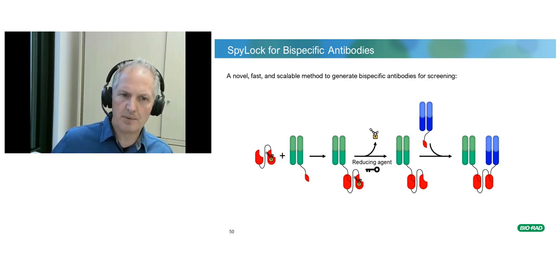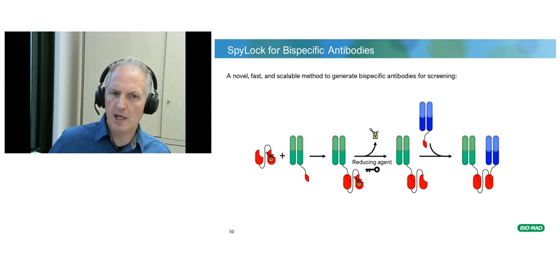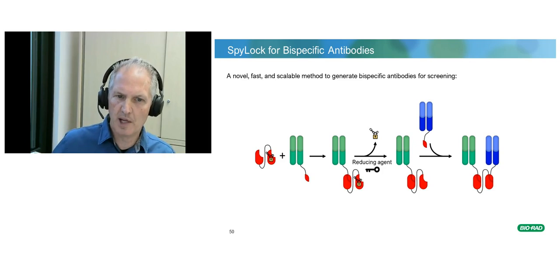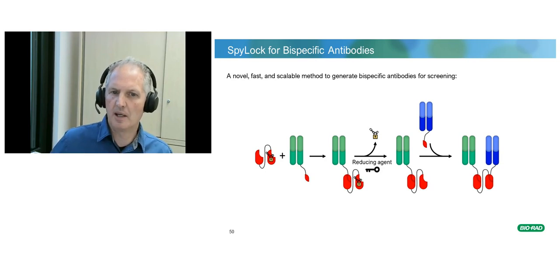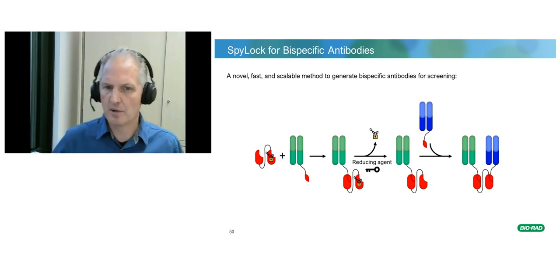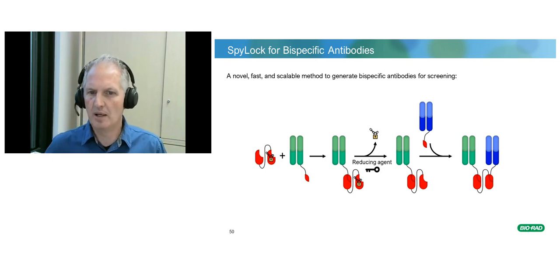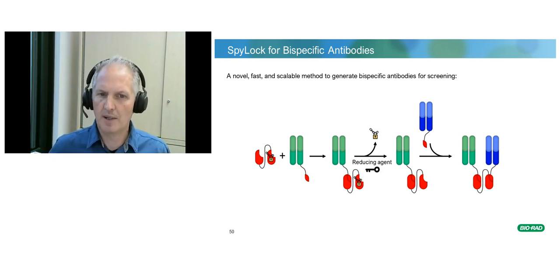With the purification step, if we use biotin to lock the SpyLog, we can purify the first coupling product on streptactin columns, remove any excess of Fab1, then add a reducing agent, release our first coupling product, unlock the SpyLog at the same time, add the second Fab, couple it to the bispecific antibody, and then we can purify the excess of Fab2 with a SpyCatcher column.